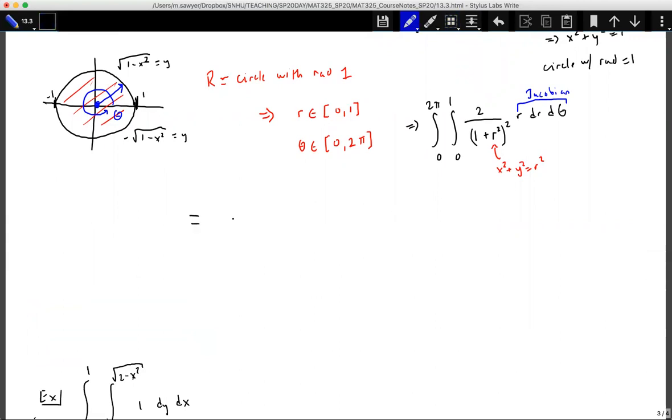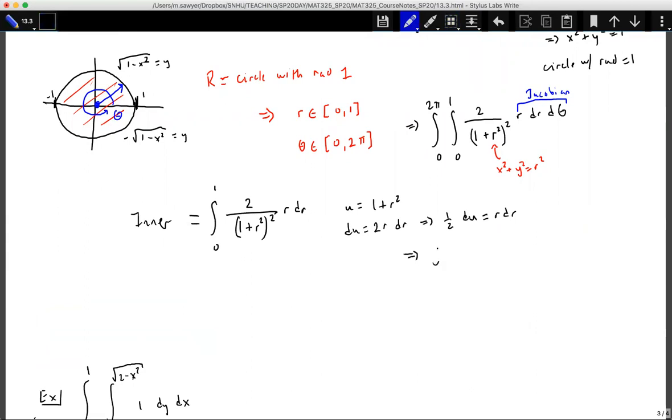When we solve the inner part of the integral, 0 to 1 of 2 over 1 plus r squared, quantity squared, times r dr, we let u equal 1 plus r squared, so du is equal to 2r dr. So 1/2 du is equal to r dr. So the inside of the integral becomes 1 over u squared du.